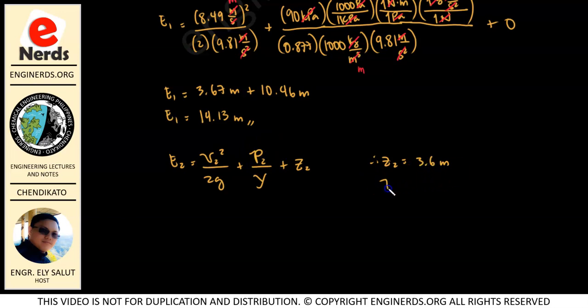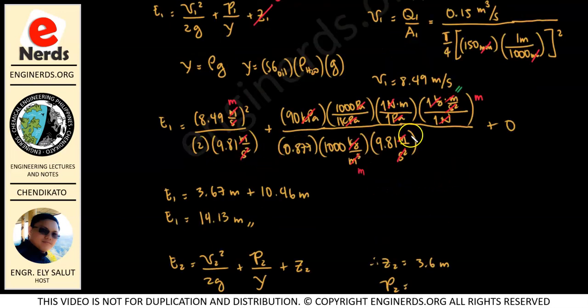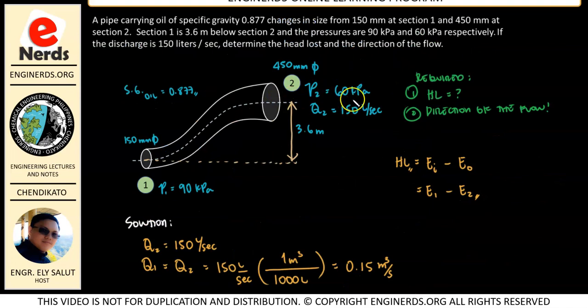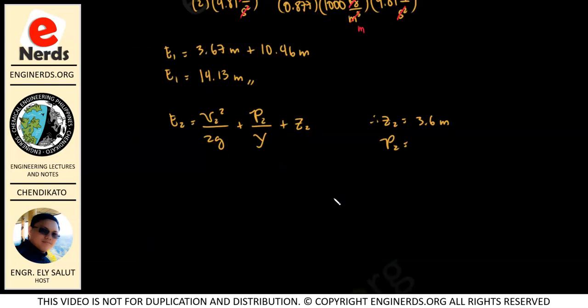Okay? So, alam natin yung pressure 2, no? Nandito siya sa ating given, our pressure 2 is equal to 60 kilopascal. So, we have P2 is equal to 60 kilopascal. Now, we need to get the value of velocity ng ating section 2, no?